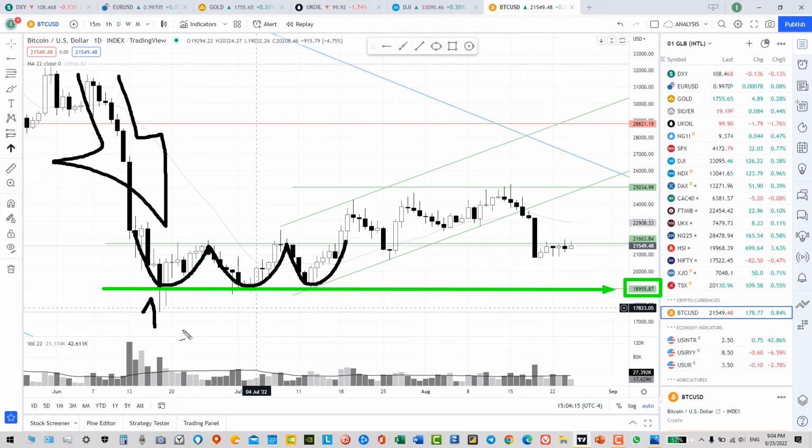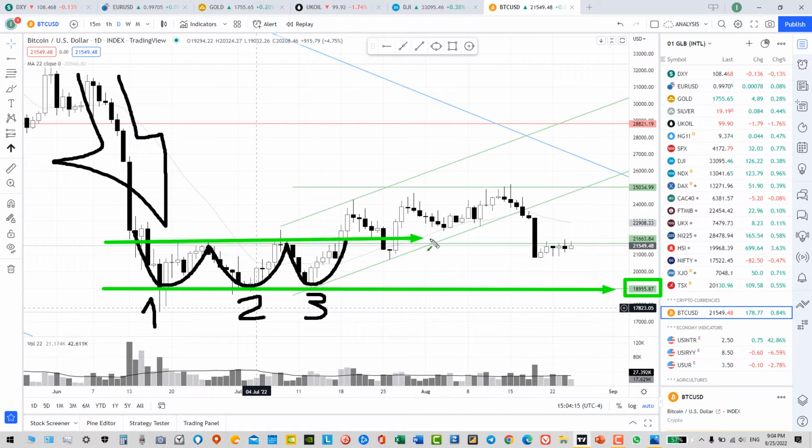One, it was in June, the second, start of July, and the third was mid-July. 3 times it managed to respect the 19,000 support.